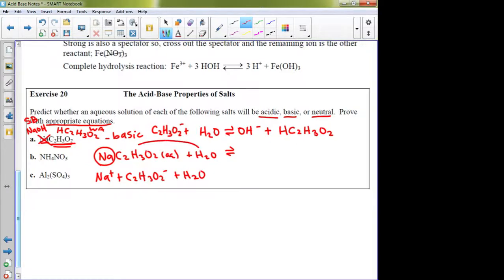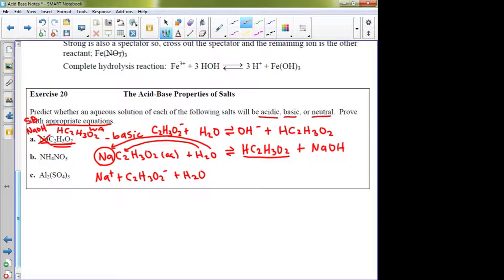So it goes back and forth to form products. My water breaks up. One hydrogen goes with my acetic acid. And then my OH that is left over would go to my NaOH. You still with me? Okay. Acetic acid is a weak acid, therefore it does not break apart easily, remember?